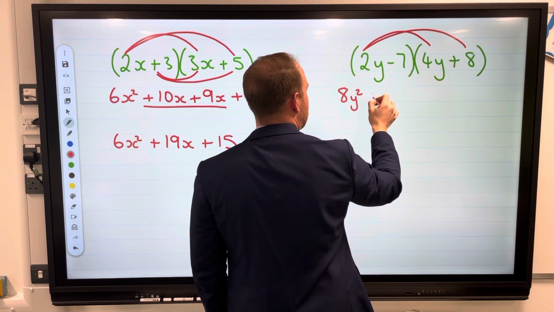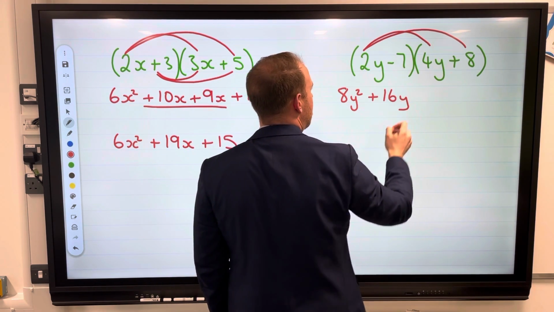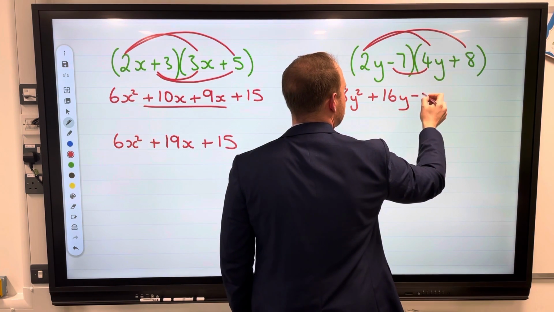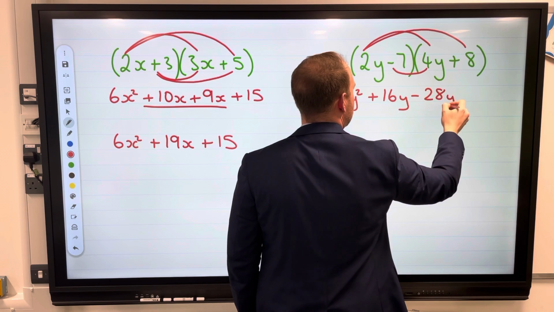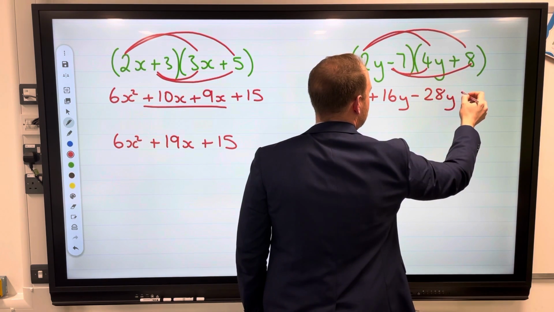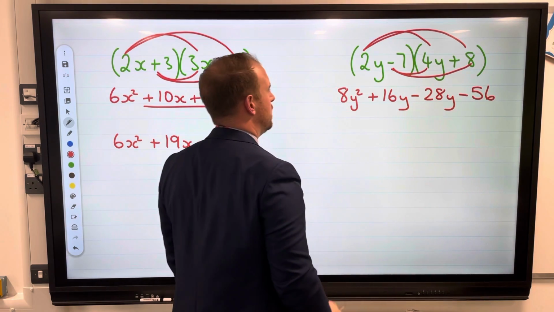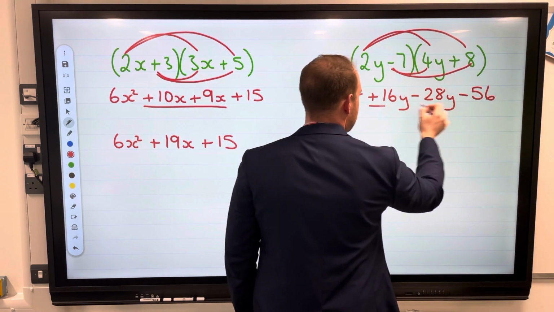2y times 8 is 16y. Minus 7 times 4y is minus 28y. Minus and a plus is a minus. 7 8s are 56. Okay, so simplify, put the middle bit together.